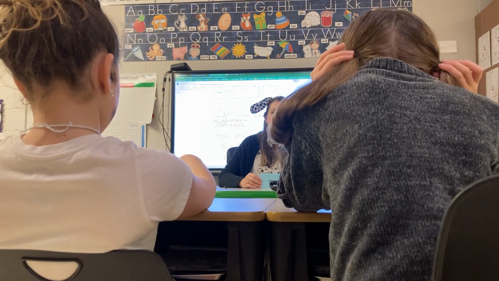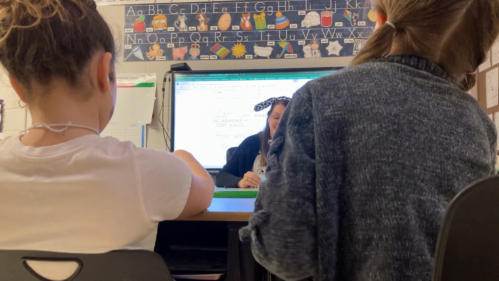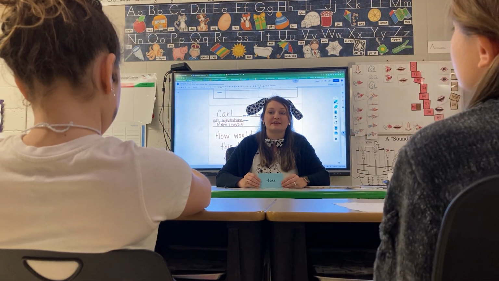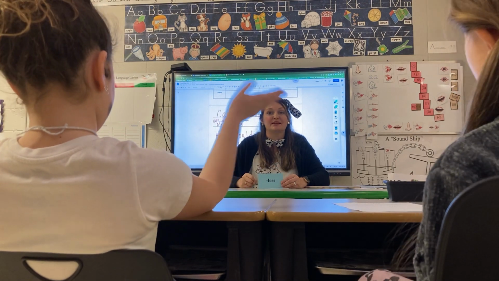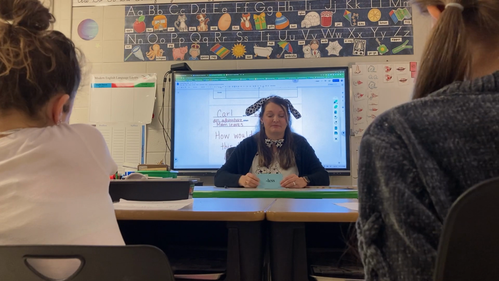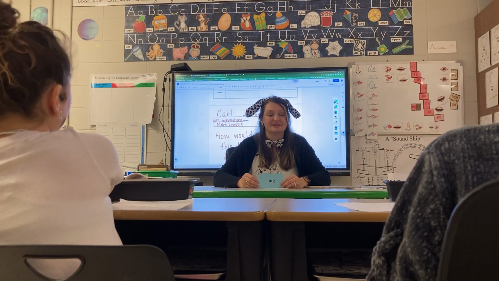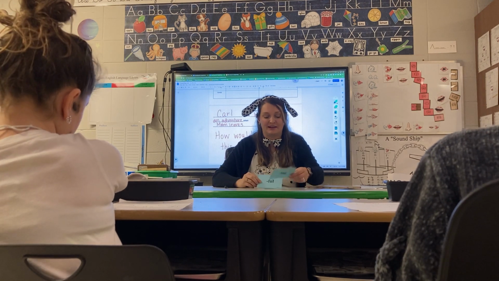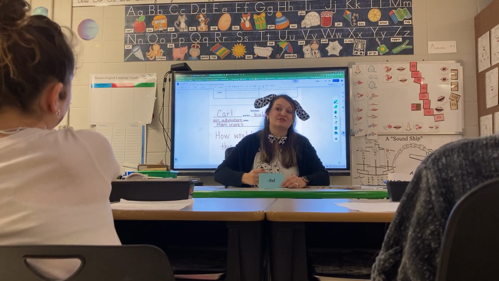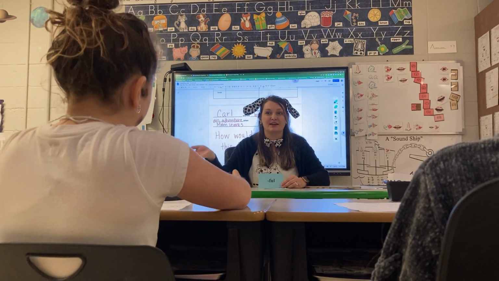We have suffix ness that means like that certain way. We have suffix less, which means you don't have it, you're without it. Suffix ing means it's happening right now. Suffix full means you're full of that. So if you're full of love.